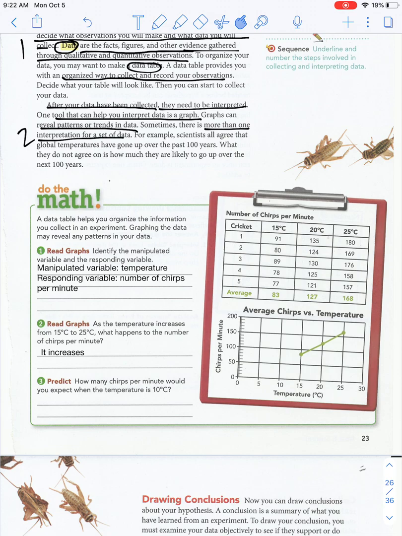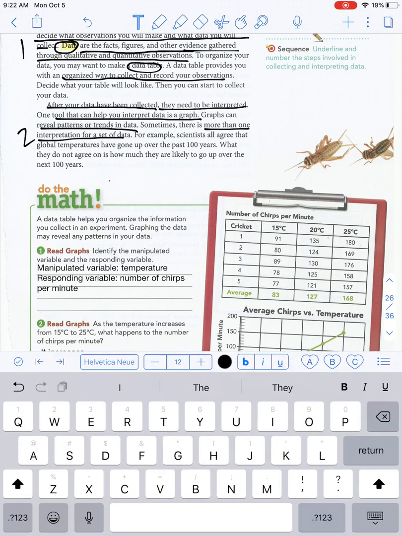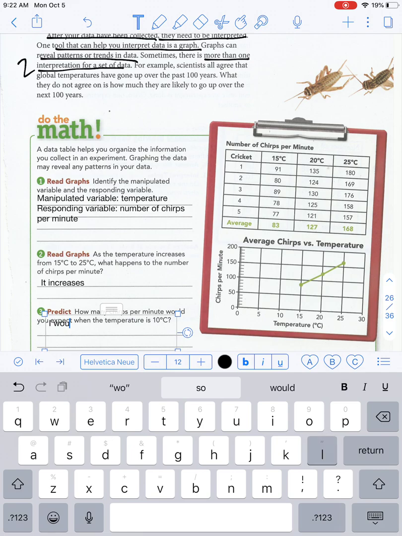So looking at the averages from the number of chirps, I see that there's about a 40 chirp difference between each 5 degrees. So if it went down 5 degrees, I'm going to assume that the number of chirps would go down another 40 chirps. So I'm going to say I would expect about 40 chirps.